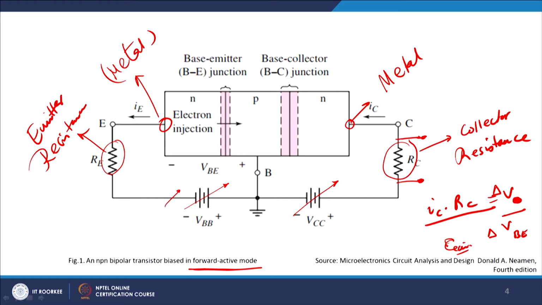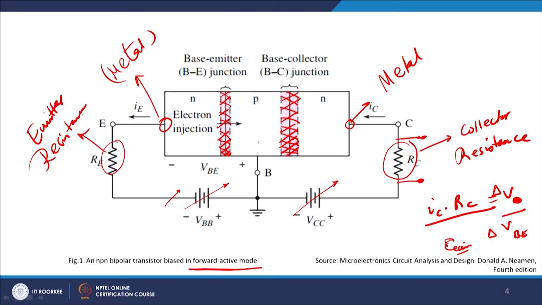If you can see very clearly, in your base emitter junction, this pink side is the depletion width, which is very small because it is forward biased, and this is relatively large because it is reverse biased. So the base collector junction will have a larger width and larger effective bias, whereas the emitter base junction will have a relatively lower depletion width, and therefore a large current will flow between the base and emitter junction.